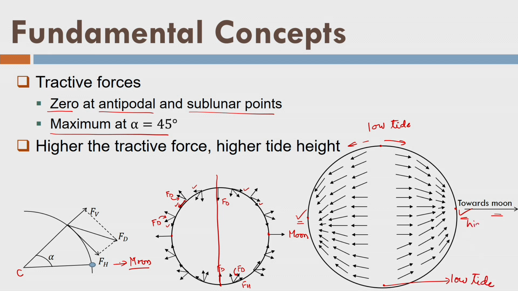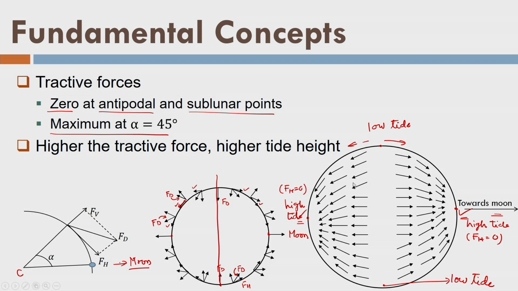Here is a point of high tide, and here also we have high tide. So this is my sublunar point and this is the antipodal point. Well, what about the forces here? It is zero, but still we are experiencing the high tide at both places.